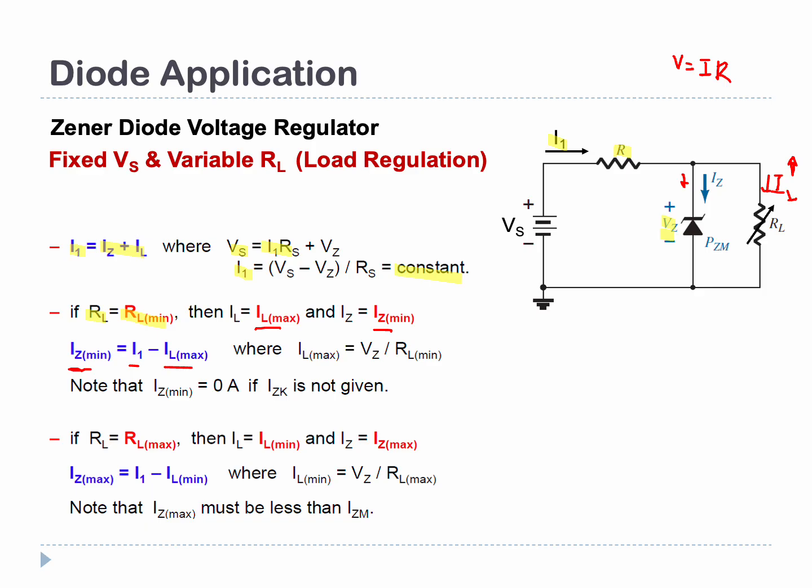So you can see the RL, for load regulation, has a variable range. It has a minimum and maximum range. Your IZ also is going to have a minimum and maximum range.